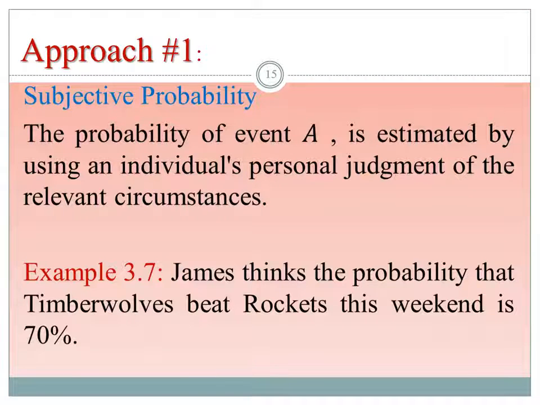For example, James thinks the probability that the Chamberwalls beat the Rockets this weekend is a 70% chance. This is one particular person's judgment. I think about 100 years back, people used this approach for probability calculation, but nowadays we have standard methods. So this is approach 1.